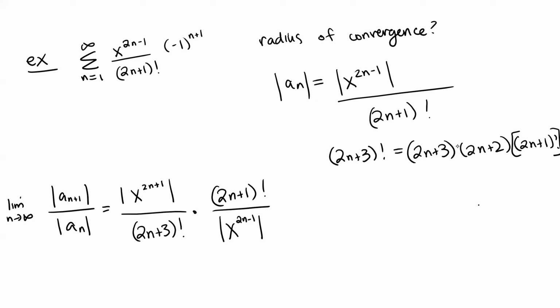So that means that 2n plus 3 factorial is going to cancel out with 2n plus 1 factorial and leaves us just a few of these terms here.